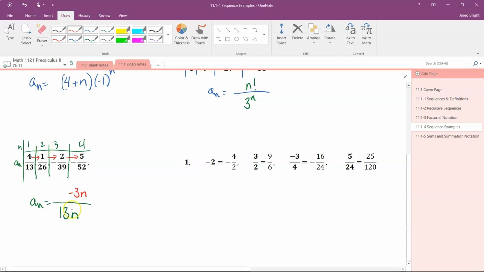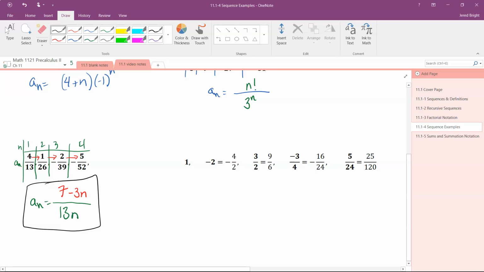If n is 1, I'd get -3, but I start at 4. So if I need to start at 4, that's 7 more, so I need to tack on 7 and then subtract 3n. Does that work? Yeah, actually. So this is going to be the sequence for this one.